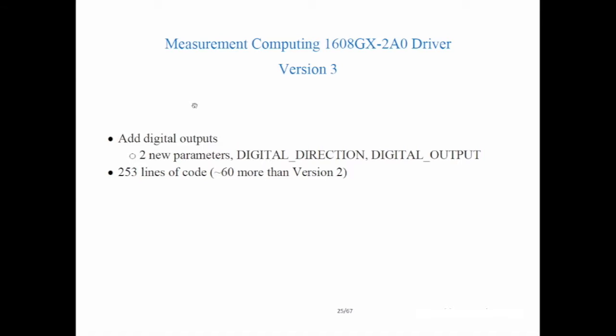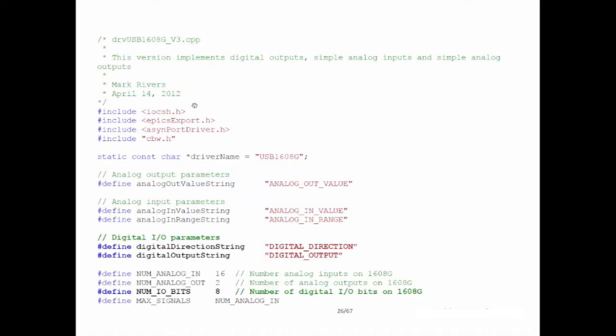So again, this is going to add about another 60 more lines of code than we had in the previous version. So this is beginning to look familiar, I hope. So we're going to define two new strings that define these two new parameters, digital direction and digital output. We set another constant, which is the number of I/O bits, which is 8.